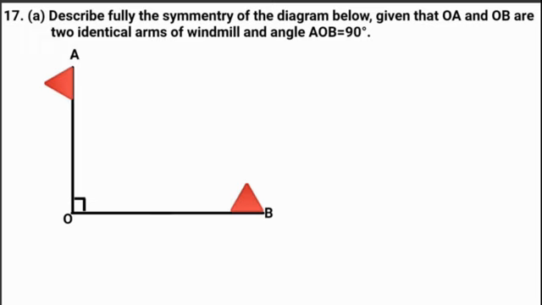That means in 360 degrees, it will come to this position only once. Therefore, we can describe it as having rotation symmetry of order 1.